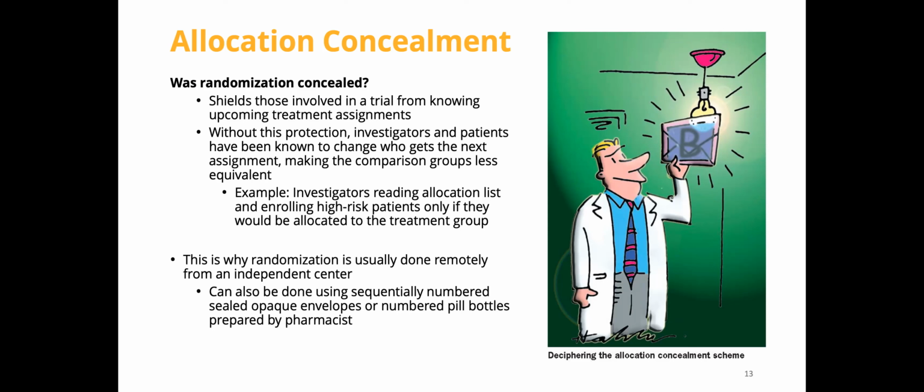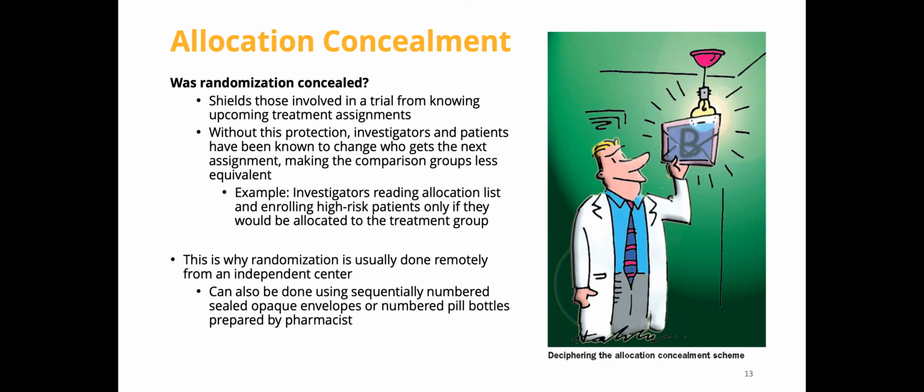We want to make sure that allocation is concealed so that randomization is maintained at the beginning of the study. For this reason, randomization is usually done remotely from an independent center, and that keeps the allocation concealed.